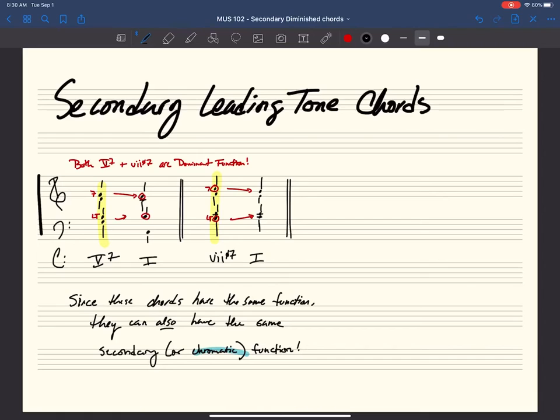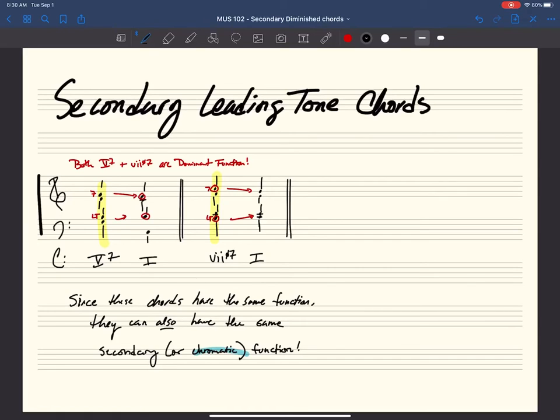So secondary leading tone chords, why does this work? Why do we have two different types of them? If you remember back to the introductory levels of theory, when we were talking about the function of chords, we have predominant function, tonic function, and dominant function. There were two dominant function chords.